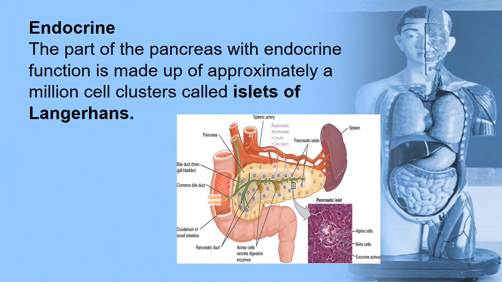First, the endocrine function of the pancreas. The part of the pancreas with the endocrine function is made up of approximately a million cell clusters, called the islets of Langerhans, which secrete insulin as well as glucagon.